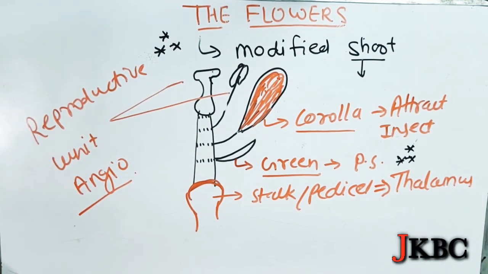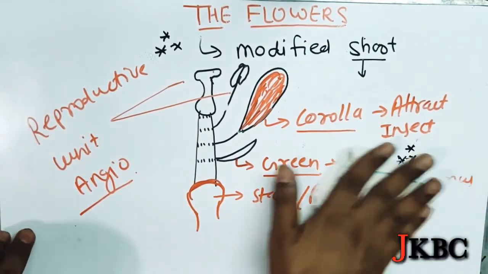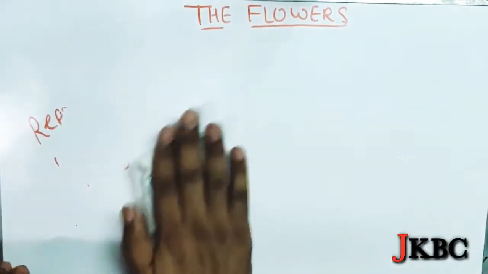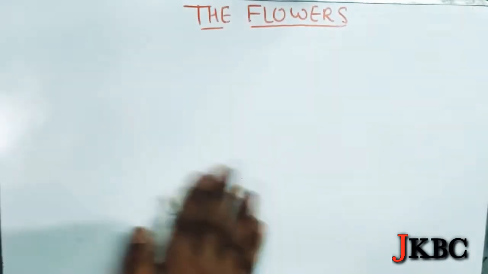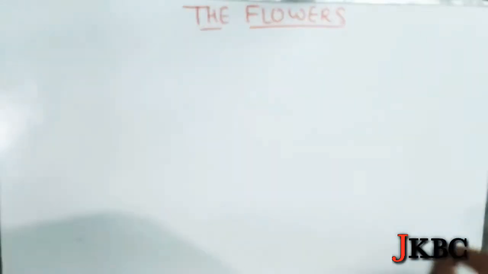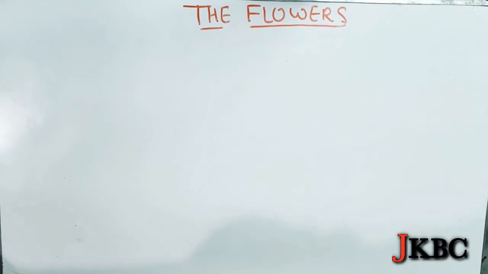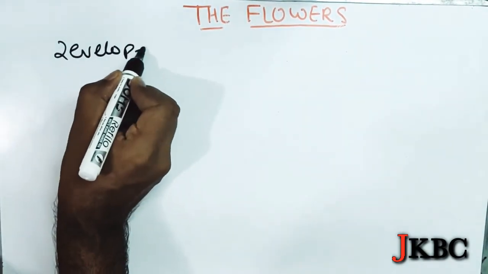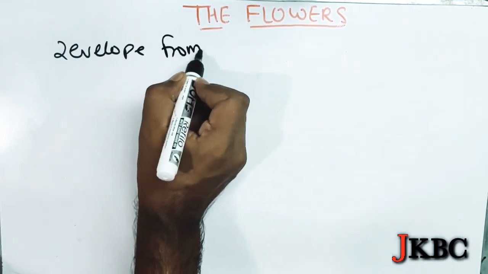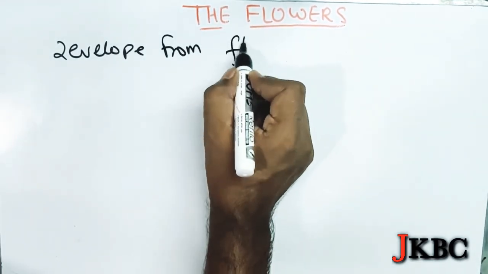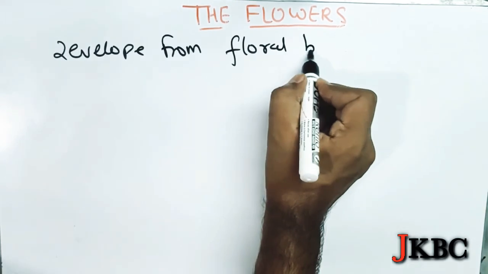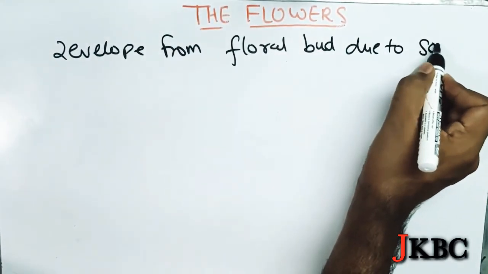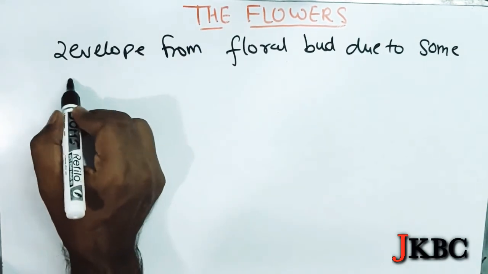Now we detail the flower. Basically, what is a flower, you know. How does a flower originate in different kinds of plants? First of all, I have written here the development: the flower is developed from a floral bud due to some plant hormone.